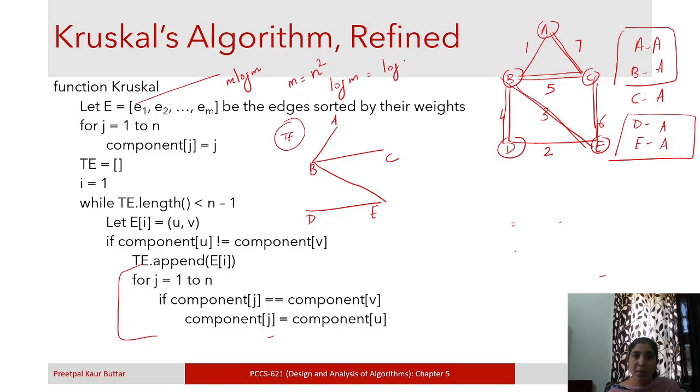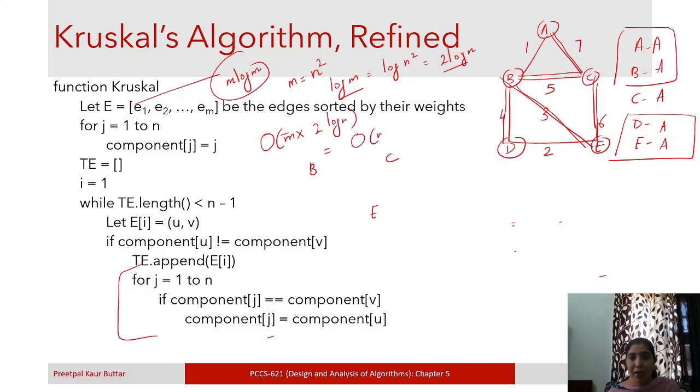It will be log m is equal to log n square, so we can rewrite it as 2 log n. Okay, so log m can be written as 2 log n. So if I rewrite this according to this, then it will be order of m into 2 log n, or asymptotically it will be m log n, right? So this is the complexity for the sorting.